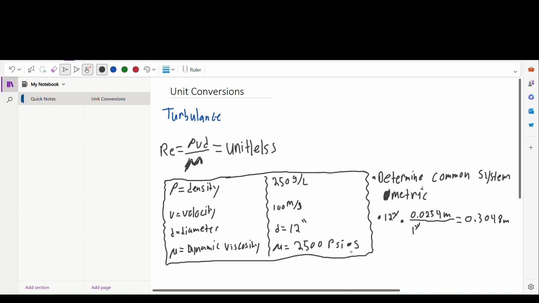That's a unit of pressure. Let's do PSI to, it's going to end up being a Pascal.